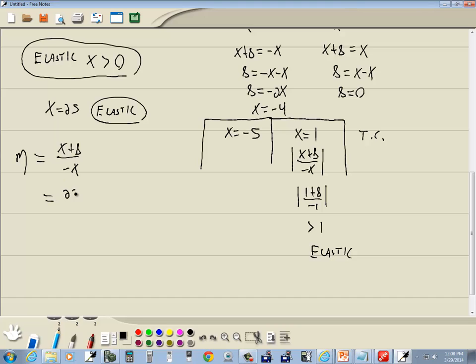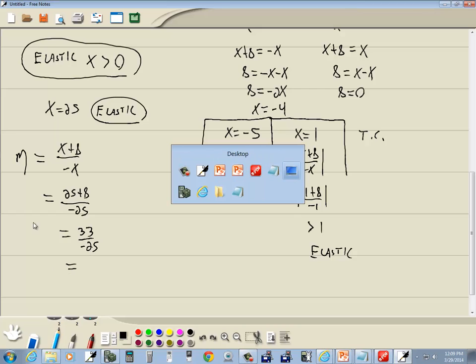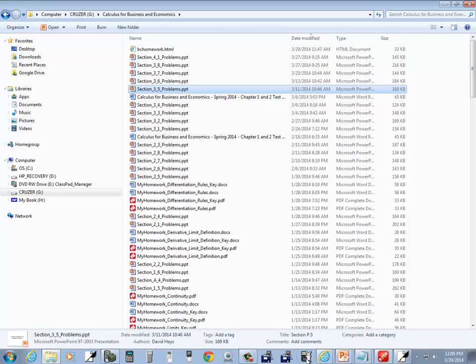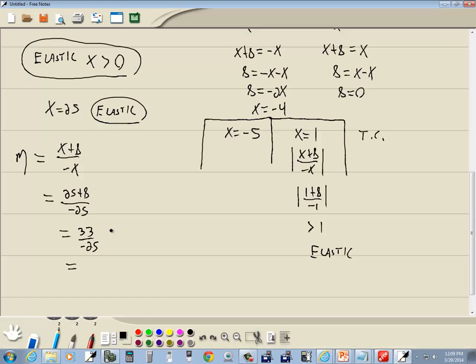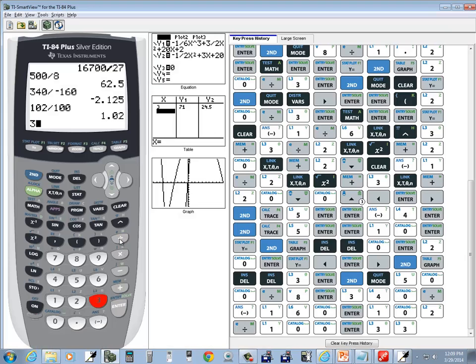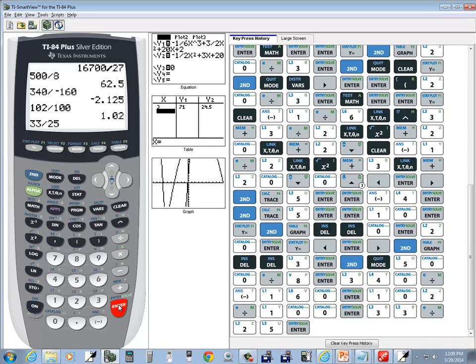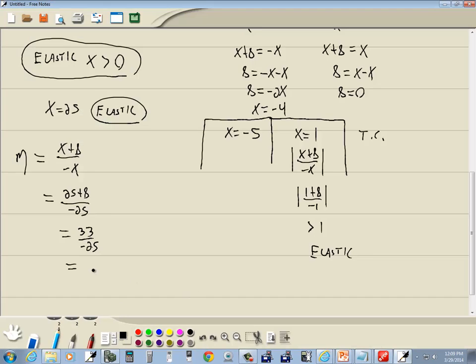So we would have 25 plus 8 over negative 25, which gives us 33 over negative 25, which is negative 1.32. And then the absolute value of eta would give us a positive 1.32, which is greater than 1. We already know it's elastic, so there's no big surprise there.